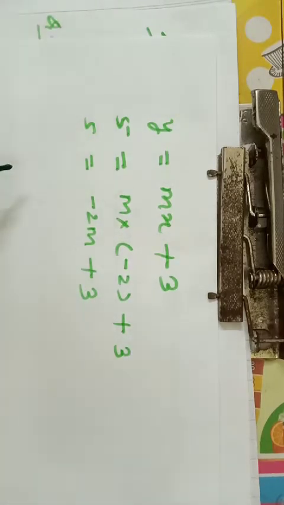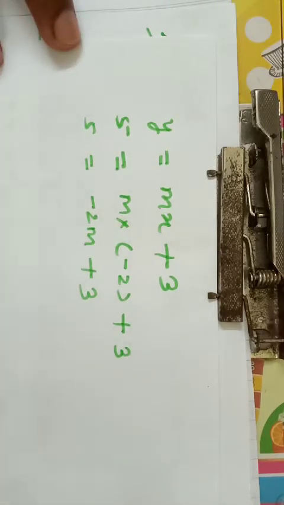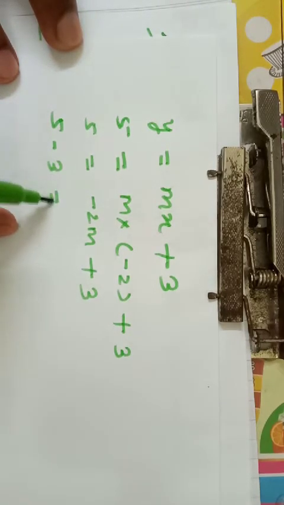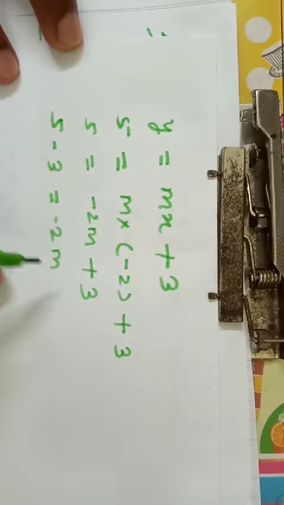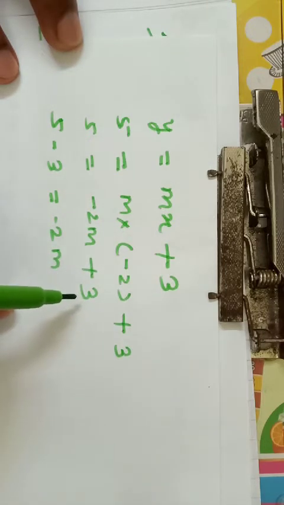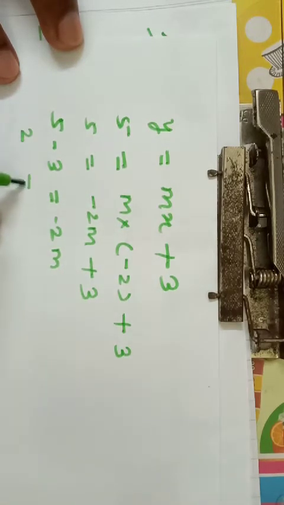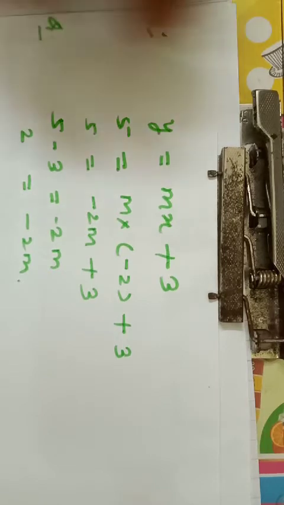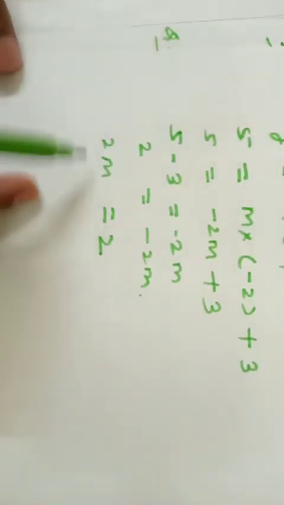So transpose, or you should shift like that. 5 minus 3 is equal to minus 2m. When you shift the constant term to one side and the variable term to the other side, that will be 2 is equal to minus 2m. Okay, and like that 2m is equal to 2.